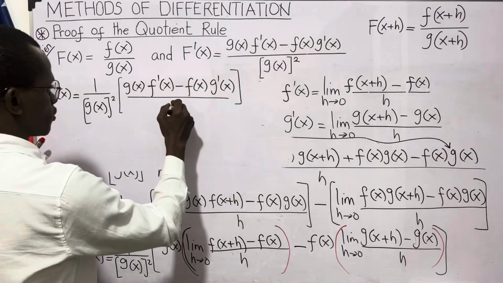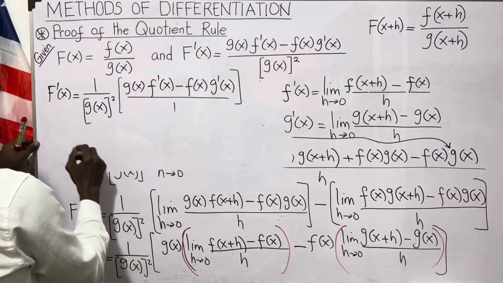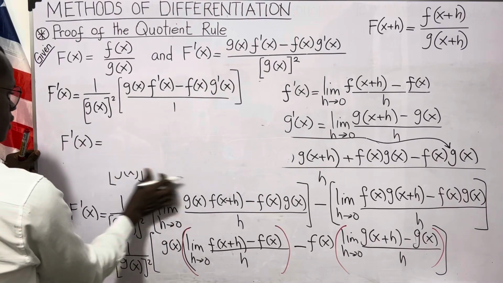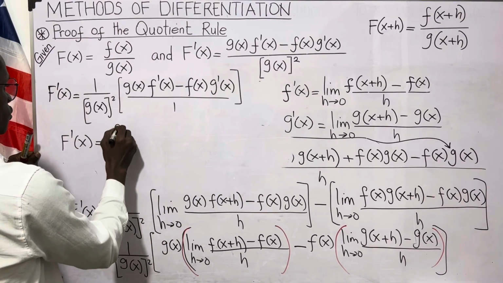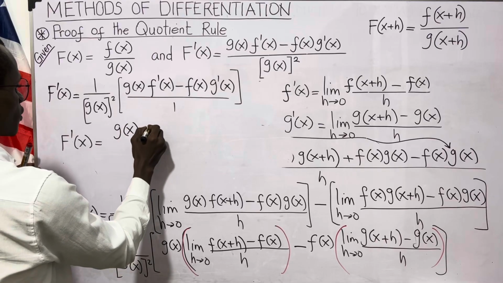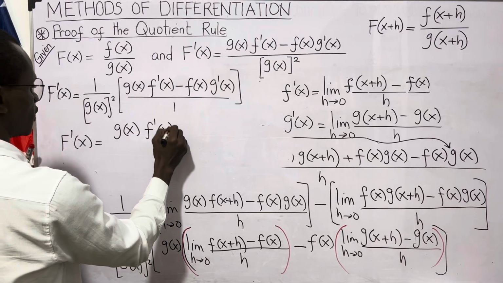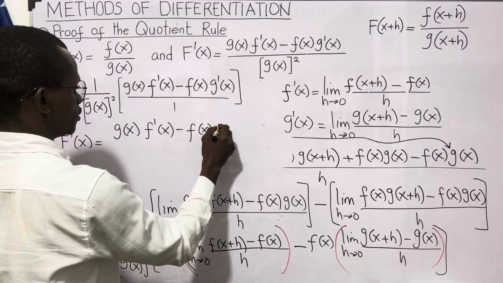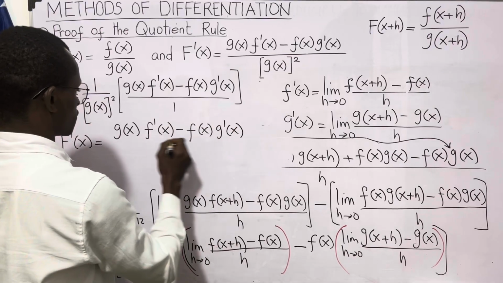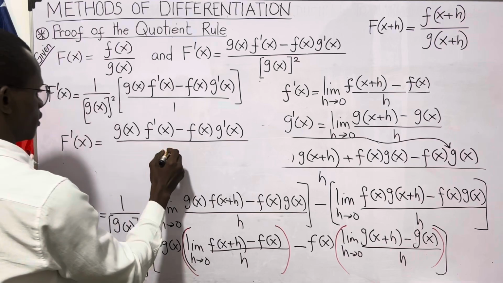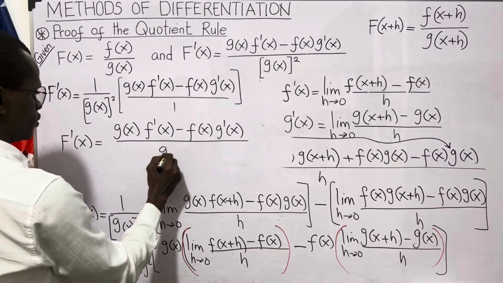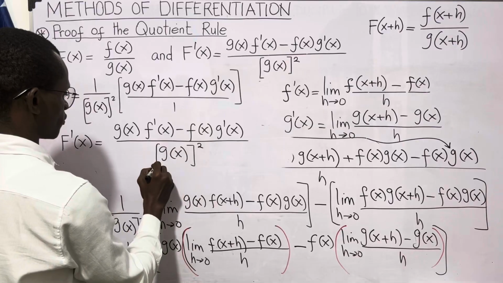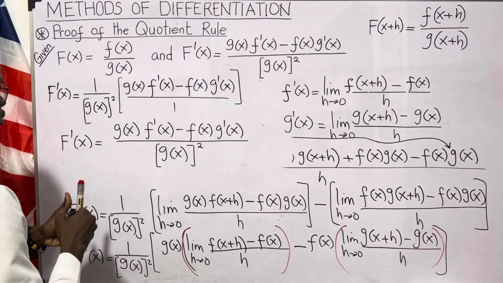So this is 1. So if I just interchange them, I can further simplify this expression as g of x f prime of x minus f of x g prime of x, all divided by g of x raised to the second power. So this is the proof.